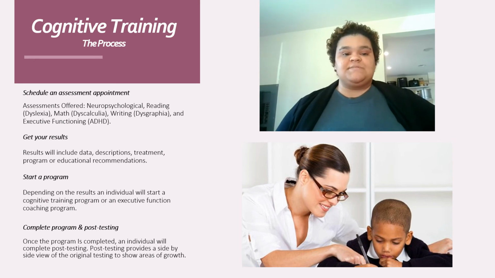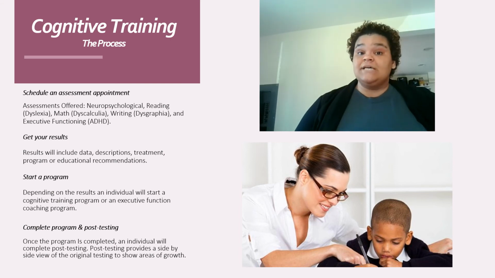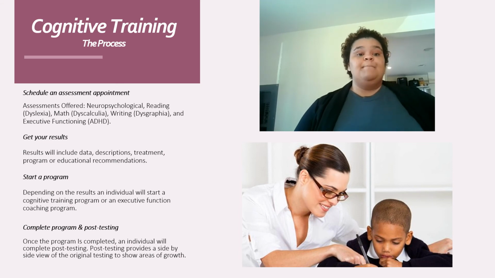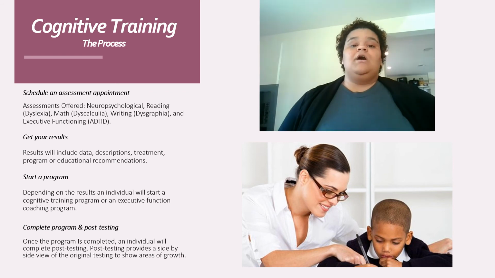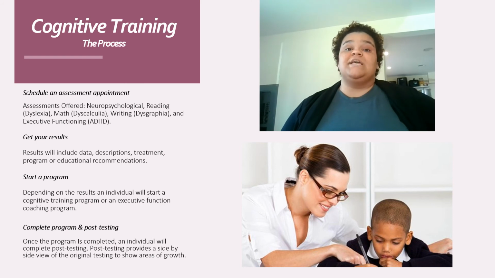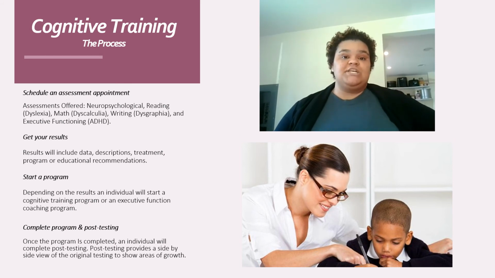We offer different kinds of assessments, such as neuropsychological, which is typically known as an IQ test, reading, which gives an indicator of dyslexia, math, which gives an indicator of dyscalculia, which is a math disability, and writing, that gives you an indication of dysgraphia, which is a writing disability, as well as executive functioning, otherwise known as ADHD. Once you get your results, the results will include data description, treatment programs, or educational recommendations.